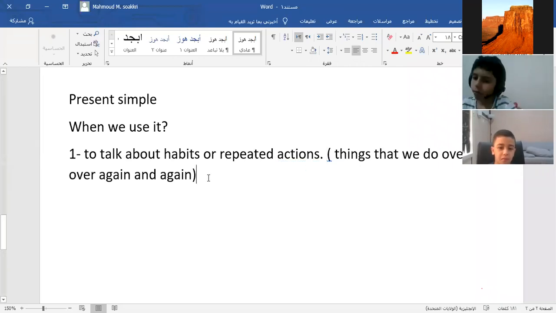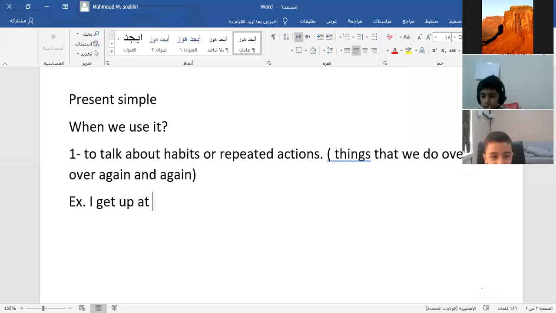Let's take an example. I get up at 5 o'clock. This sentence means that I get up at 5 o'clock every day or most days, or I repeat it again and again.